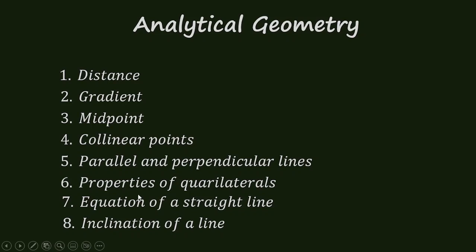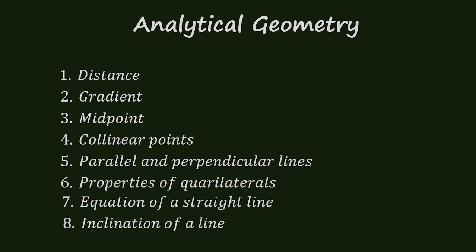We will also look at the properties of some of the important quadrilaterals that you need to know in order to solve most of the problems in analytical geometry. We will then look at the equation of a straight line, and then finally we will look at the angle of inclination of a straight line.